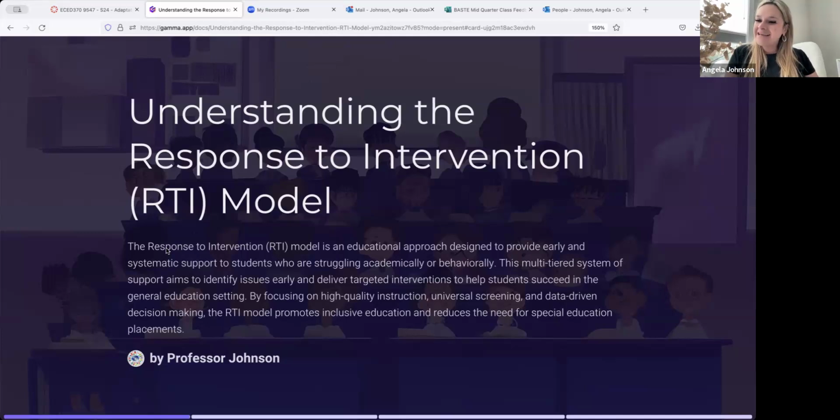By focusing on high quality instruction, you'll be able to do your best teaching, right? You're going to do universal screening to see how everybody is doing, and you're going to use data to drive your decision making. This model promotes inclusive education and reduces the need for special education placements, because if you're doing the right things, you're less likely to have to say, wow, this student is not following along.